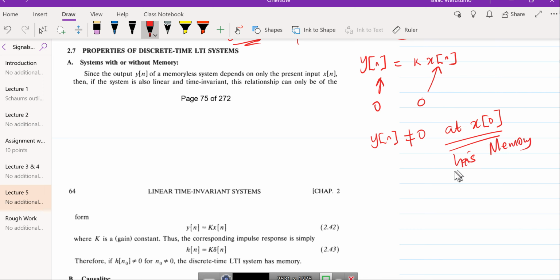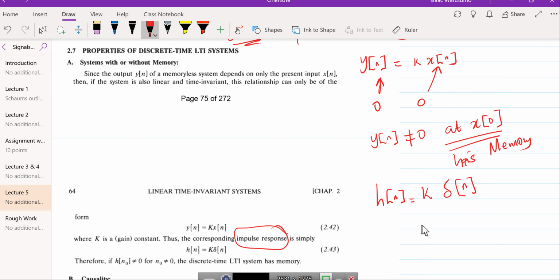This system has memory. Another way you can do that is by introducing the concept of the impulse response. Here we are saying that the impulse response of that system, h of n, is simply given by k when the input is the unit impulse signal delta of n.